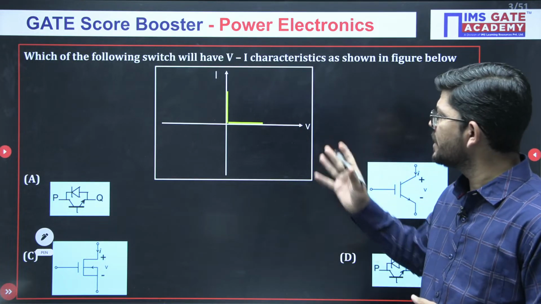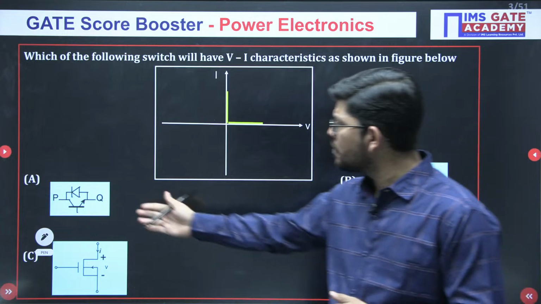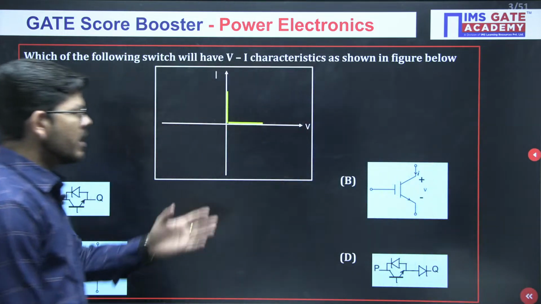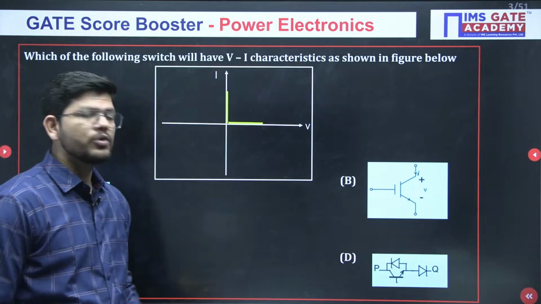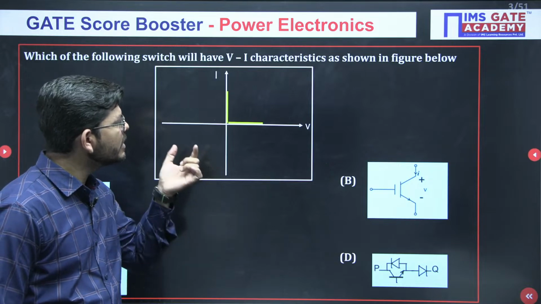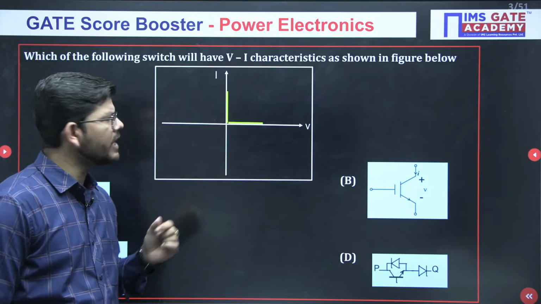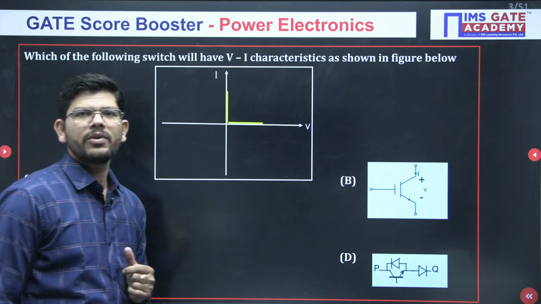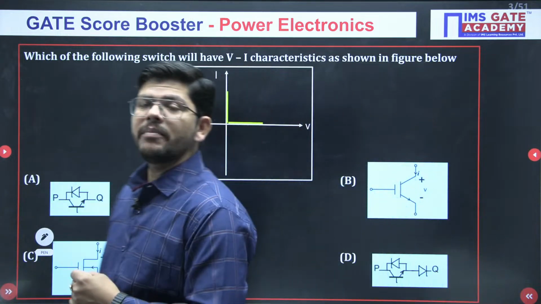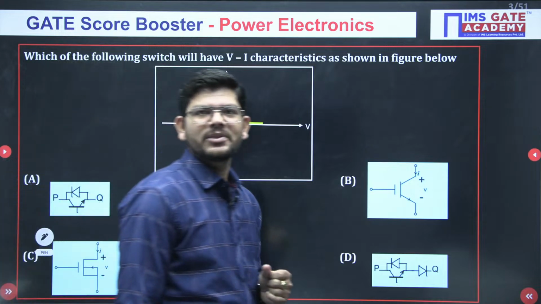So we are getting the switch realization in the first quadrant. Now these are option A, option B, option C and option D, and we have to choose which of the following switches is having the same switch realization as we have been given in this particular question. Okay, there might be more than 1 option correct as well.